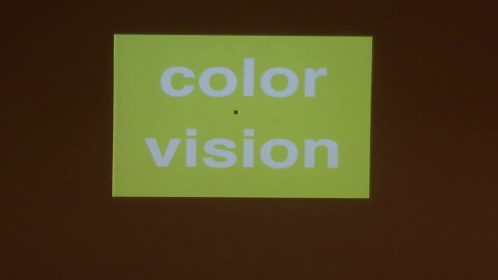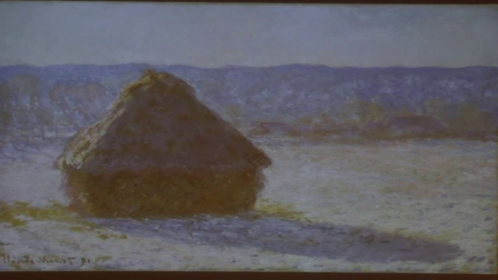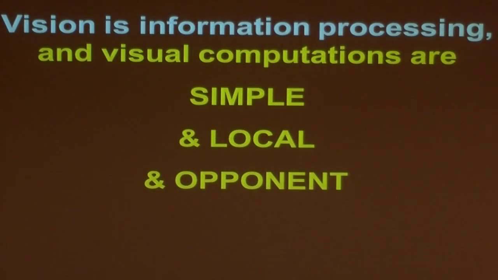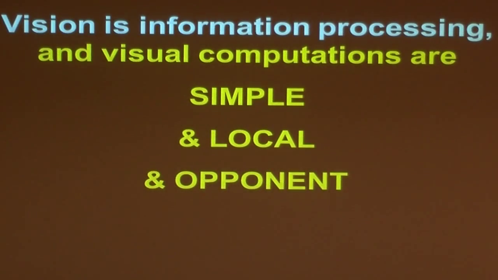If you look at that little black dot for just a second, keep in mind that what you're looking at is white letters, and I hope you'll get a yellow after image from white letters because of the surround opponency in color. And of course artists know this. Monet painted a blue shadow with yellow highlights.